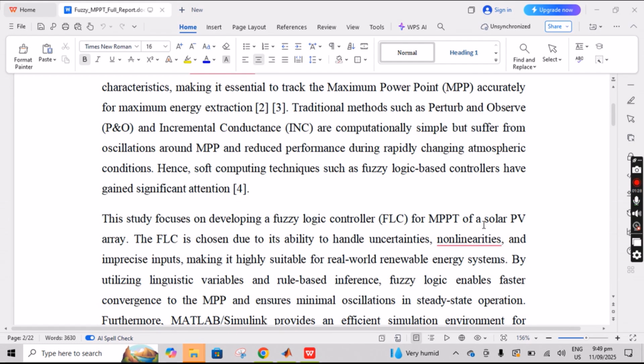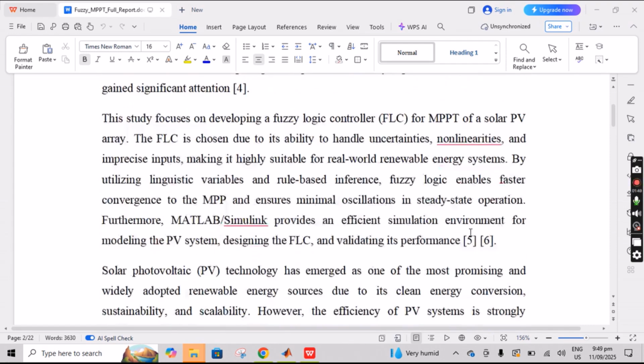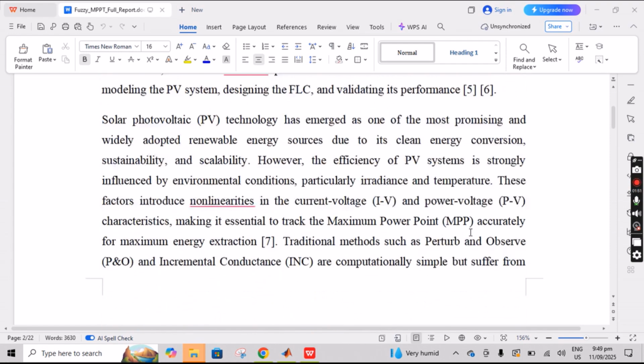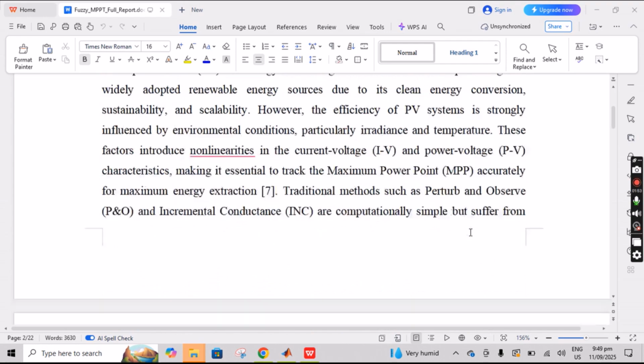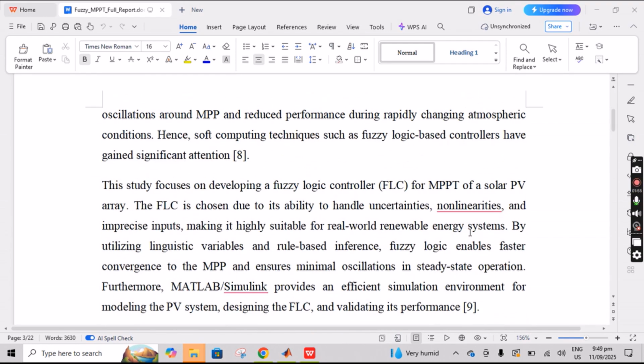Fuzzy logic has the ability to handle uncertainties, non-linearities, and imprecise inputs, making it highly suitable for real world renewable energy systems. That's why we are using the fuzzy logic controller with the solar PV array.